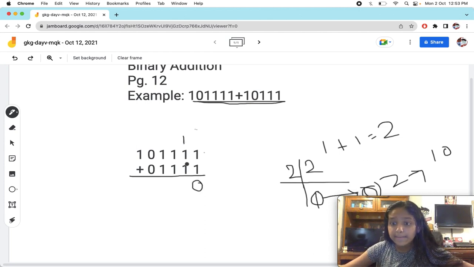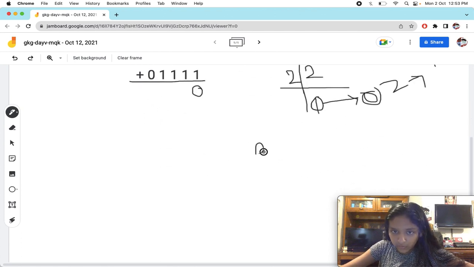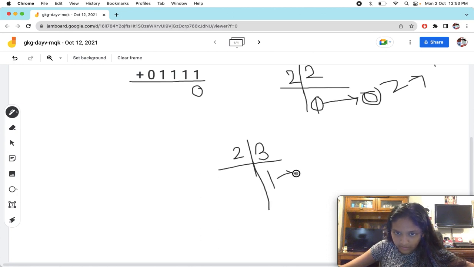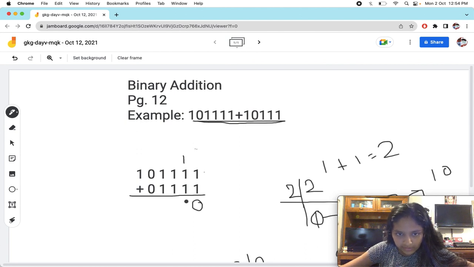Now 1 plus 1 plus 1 is equal to 3. So we convert 3. Divided by 2, we get 1, and the remainder is 1. So 3 is equal to 1 1, and here we write 1 1. Again 3, so we know 1 1.